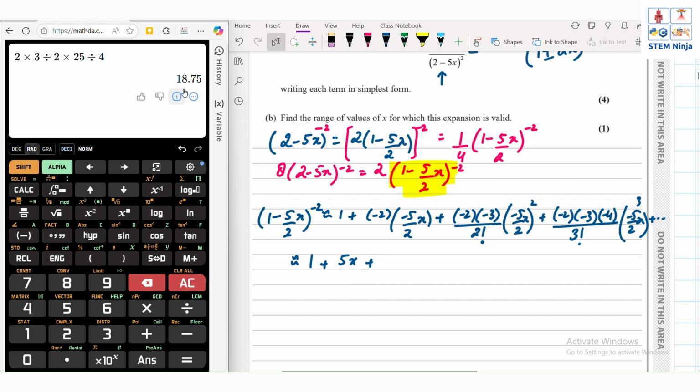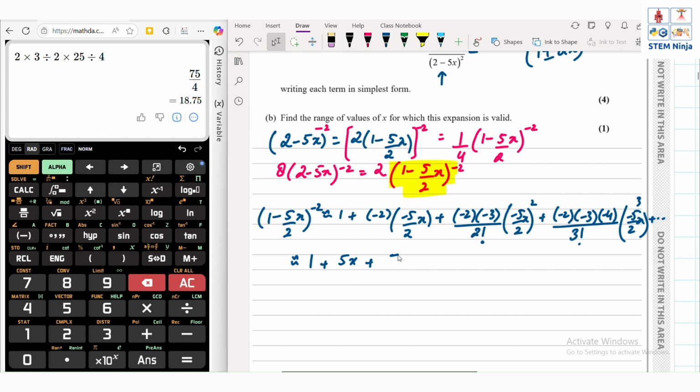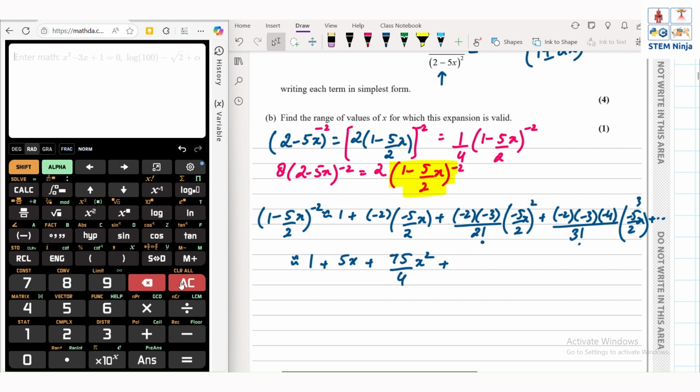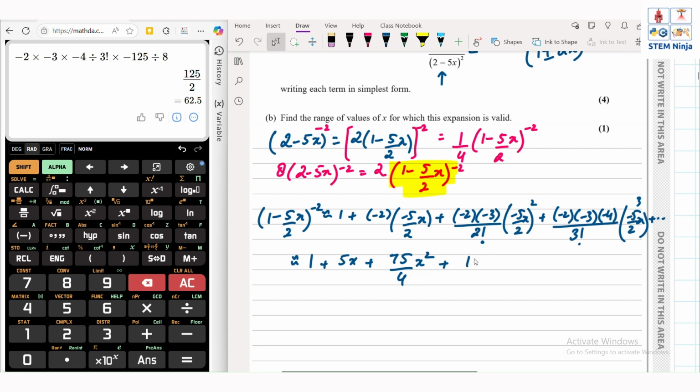So we get this value, which is 75 over 4 x squared, plus minus 2 times minus 3 times minus 4 divided by 3 factorial times 5 cubed, that is minus 125 divided by 8. So we get minus 125 over 2 x cubed.